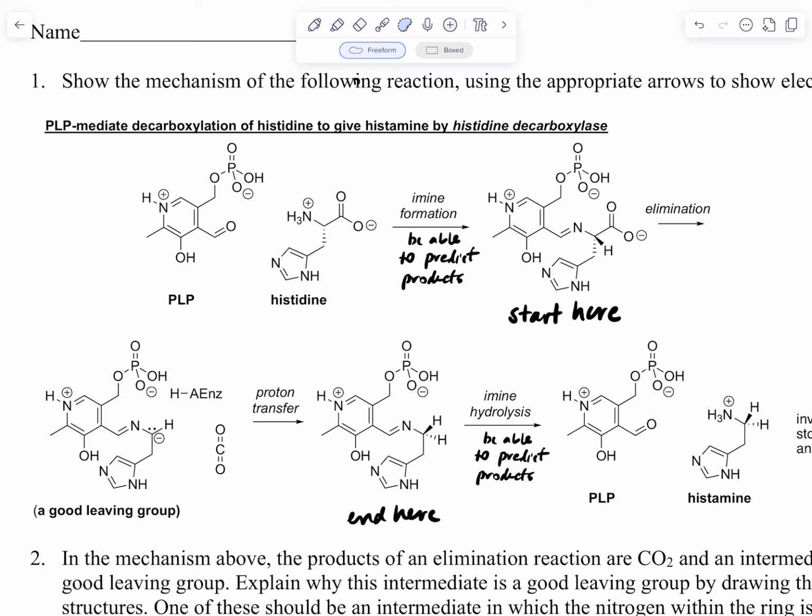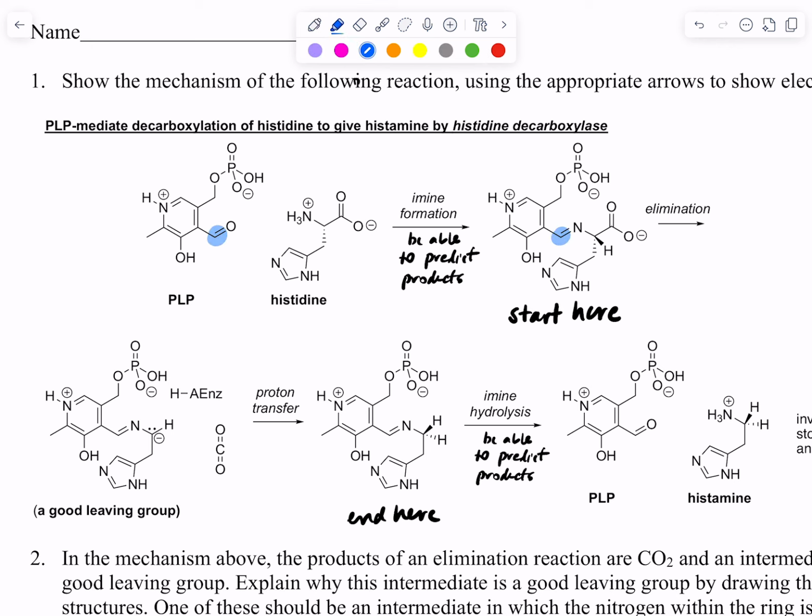The reason, if you remember the difference between the aldimine and the ketimine: the aldimine is the imine you get from the aldehyde of PLP. So this is the aldehyde of PLP. That's the carbonyl carbon. I'll just highlight it here. That's the carbonyl carbon in the aldimine.